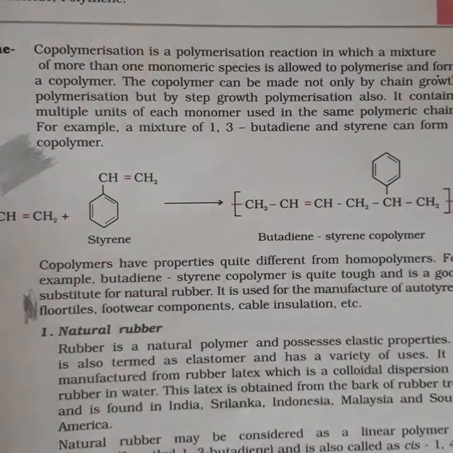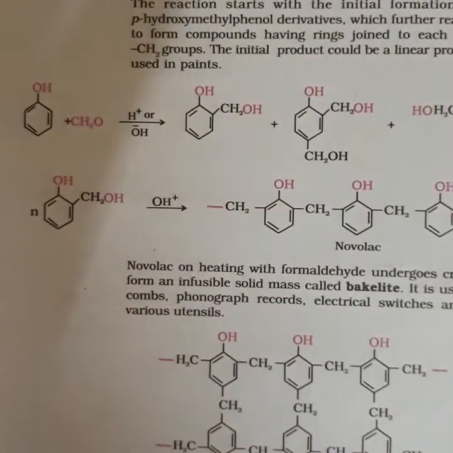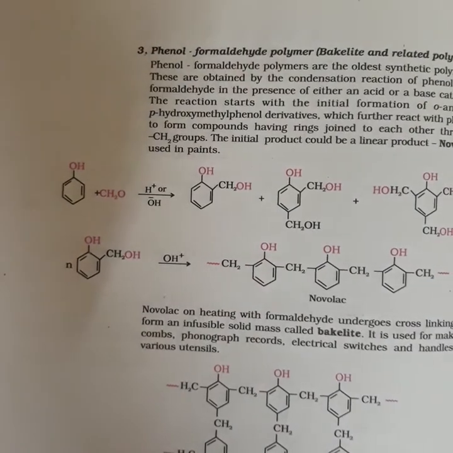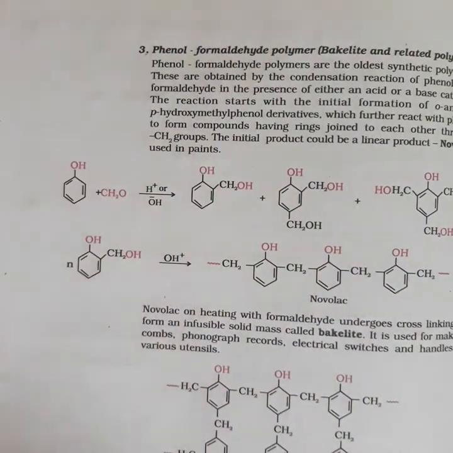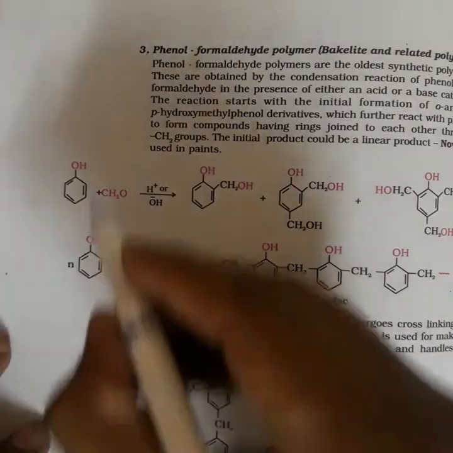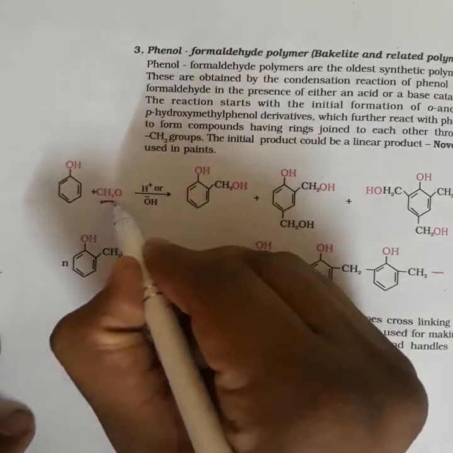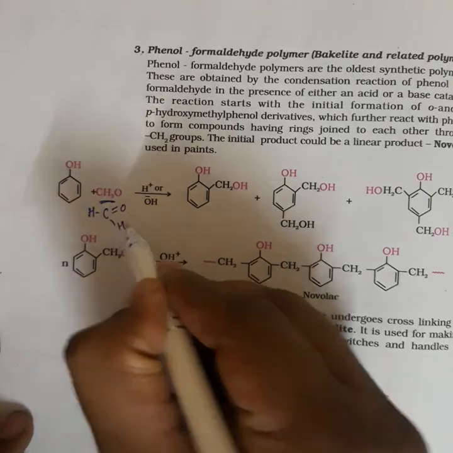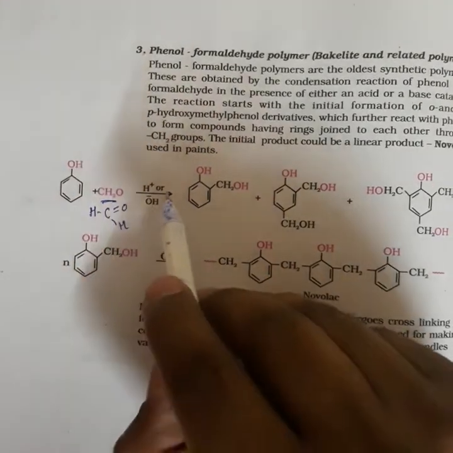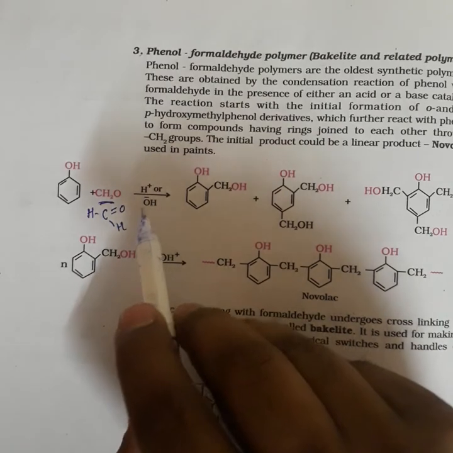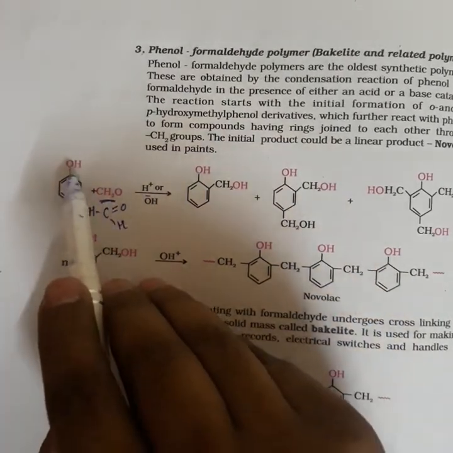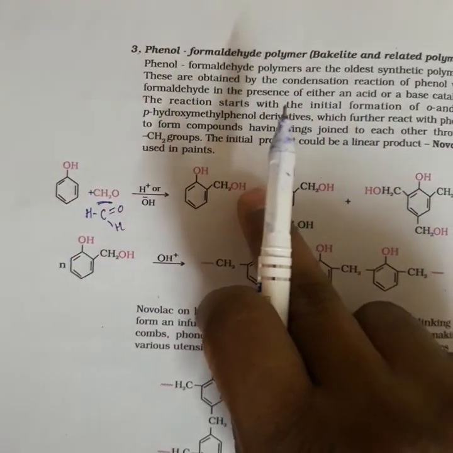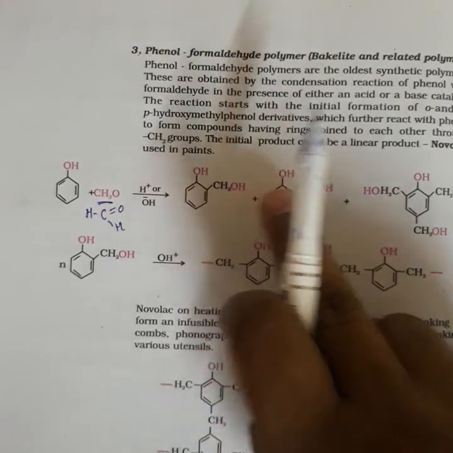After Dacron and Terylene, one more category of step growth polymerization is phenol formaldehyde resin. You can see that the phenol has an OH group, and the formaldehyde group is there. In the presence of H plus acid as a catalyst or OH minus, the OH group of phenol is ortho-para directing, so the CH2OH group may attach at the ortho position.